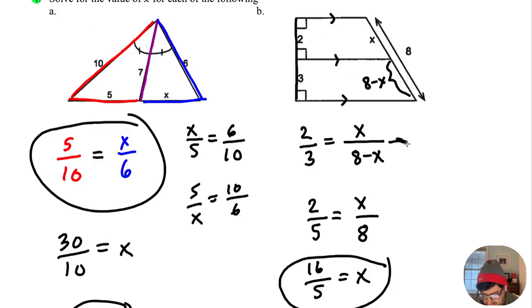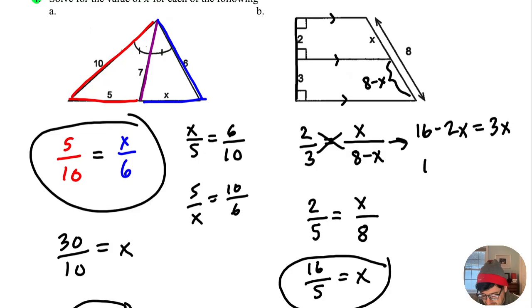But if we do solve it this way, we should get the same answer. It's a true statement. So I'm going to exploit the fact that the product of the means is the product of the extremes. So 2 times 8 minus x has to be equal to 3 times x. So 2 times 8 minus x is going to be 16 minus 2x equals 3x.